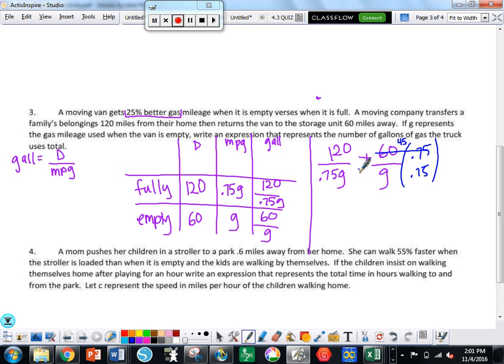So when I add them together, I'm going to have 165 over 0.75G. And then I didn't try this. Let's just try dividing that, see if it goes in evenly. It will.